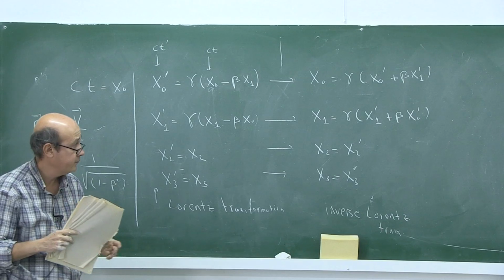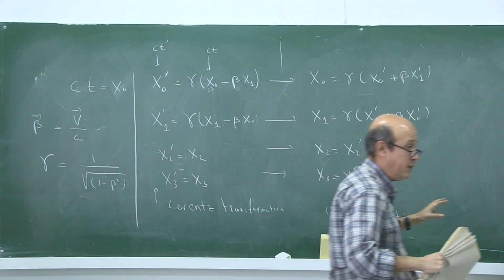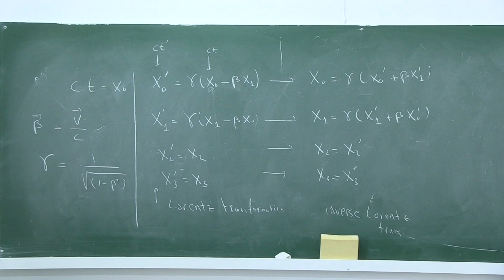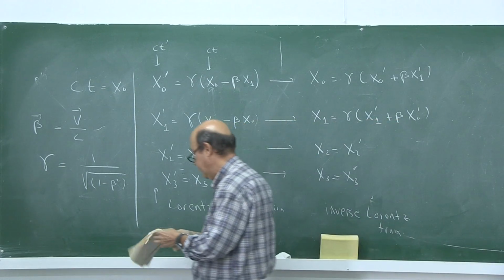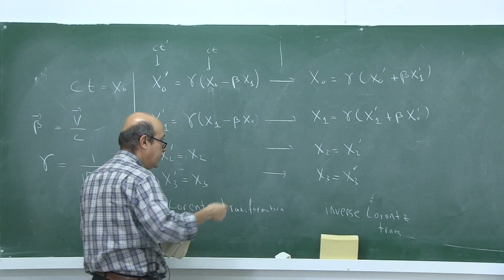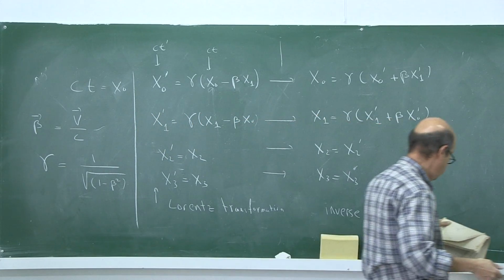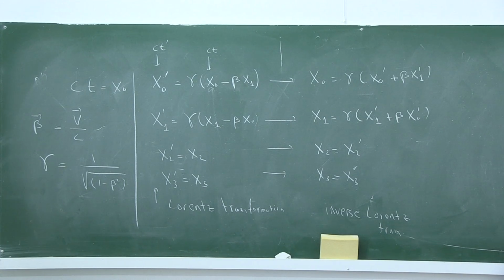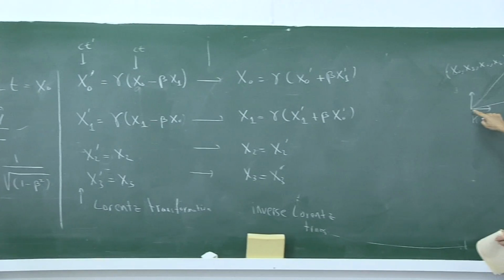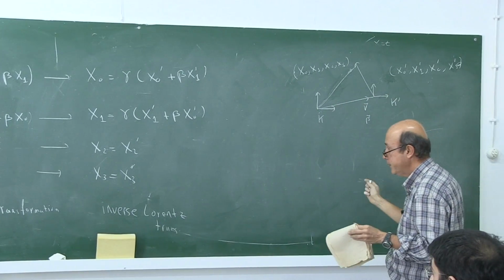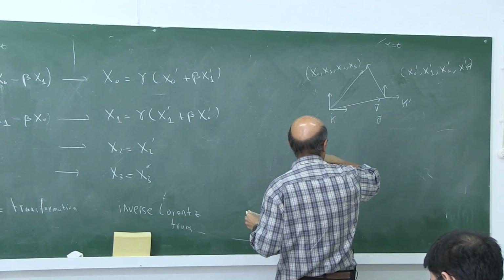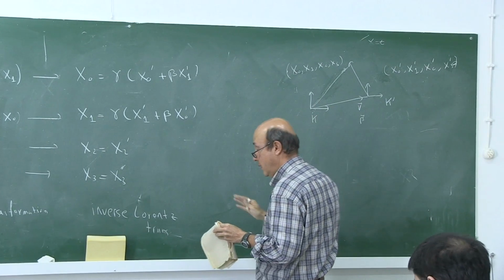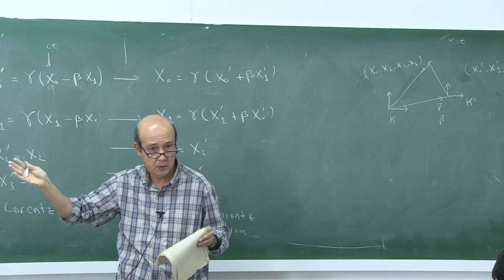In general, you can write the Lorentz transformation in vectorial form for the Cartesian coordinates, and for the time coordinate. So let us write the Lorentz transformation in the vectorial form. If k prime is moving with respect to k with some velocity, you can decompose the point of interest parallel to the motion and perpendicular to the motion.